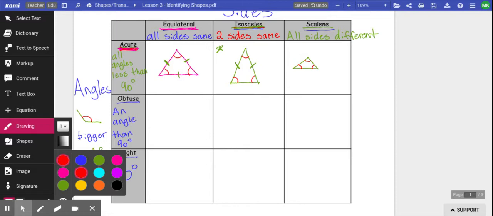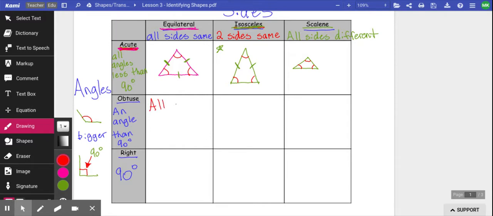All right, we're going to go down here and try to create an equilateral obtuse triangle. Now, if you try to do that, it's actually not going to be possible. The reason why is because equilateral triangles have some qualities that are very important. Not only are all sides the same, in an equilateral triangle, all angles are 60 degrees.